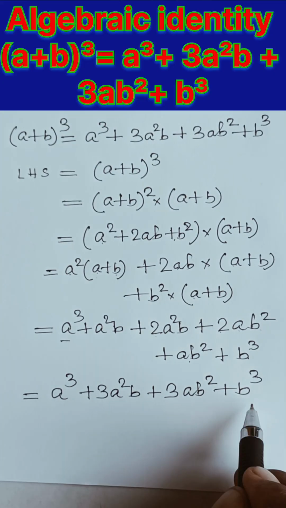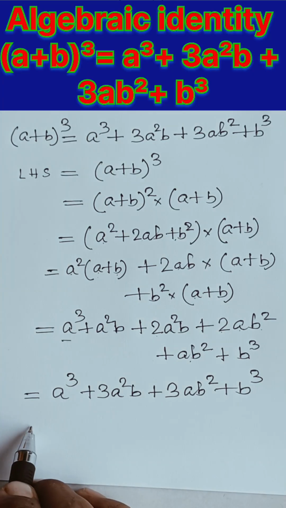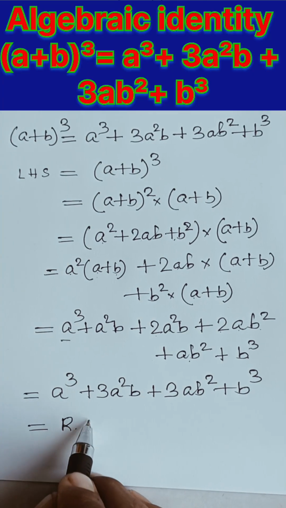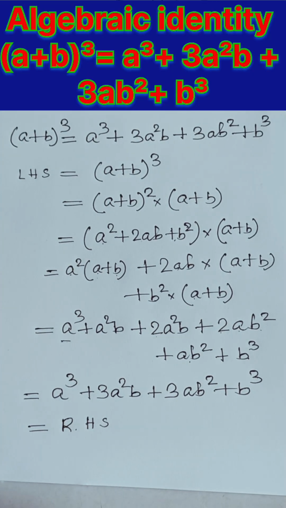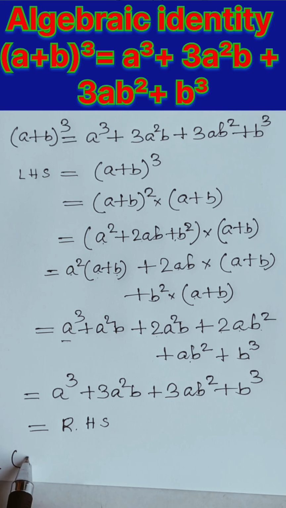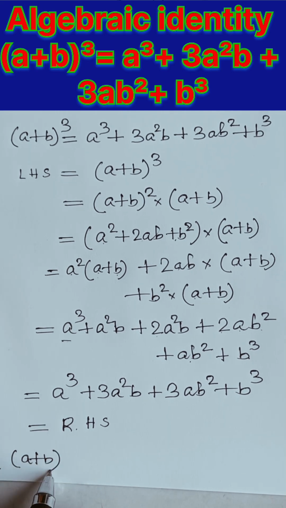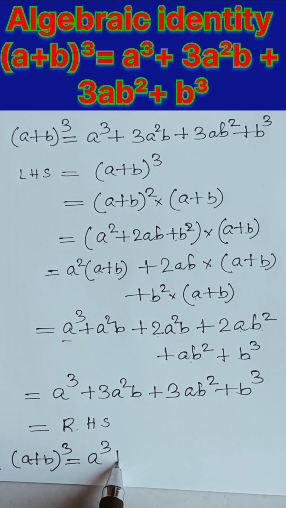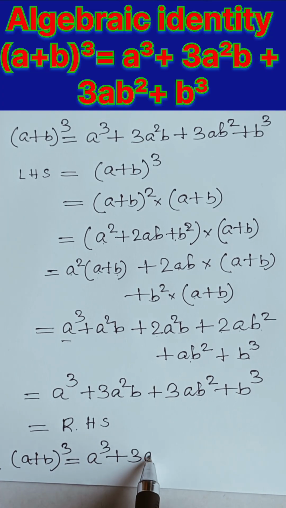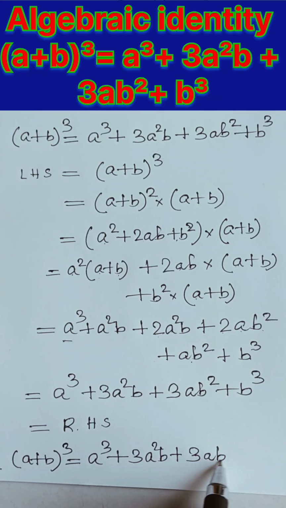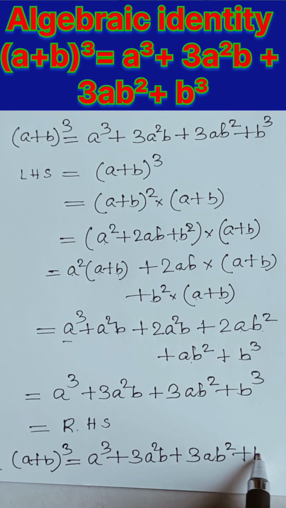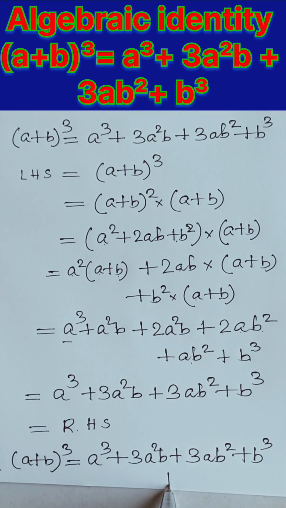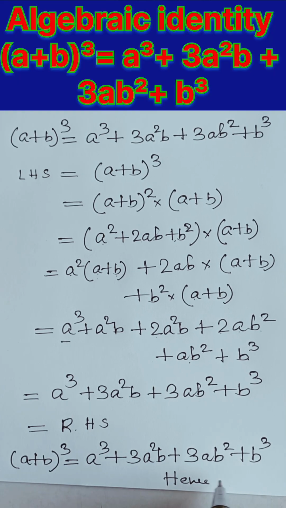And this is nothing but my right hand side. Therefore, (a plus b) whole cube means a cube plus 3a square b plus 3ab square plus b cube. Hence proved.